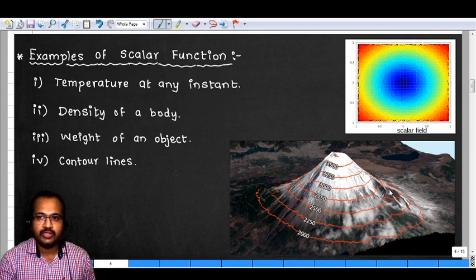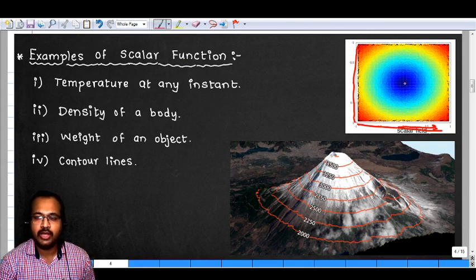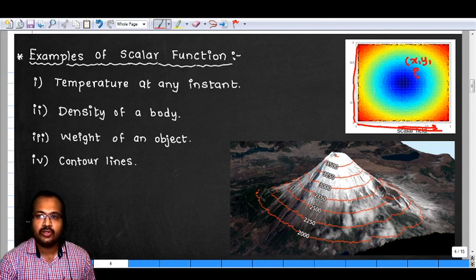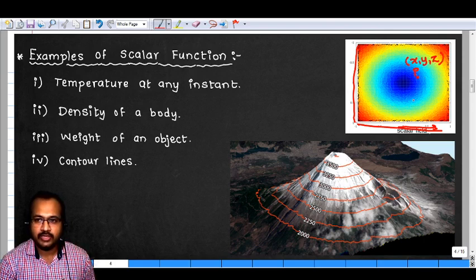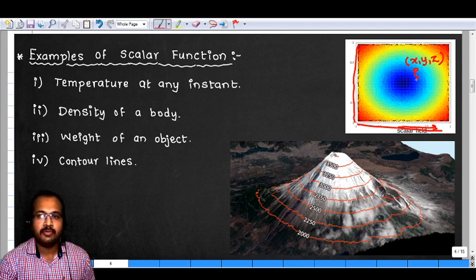So if we consider the graph for the temperature, depending upon your position, suppose this is your point P, for particular values of the point x, y, z, the value of temperature will be fixed.